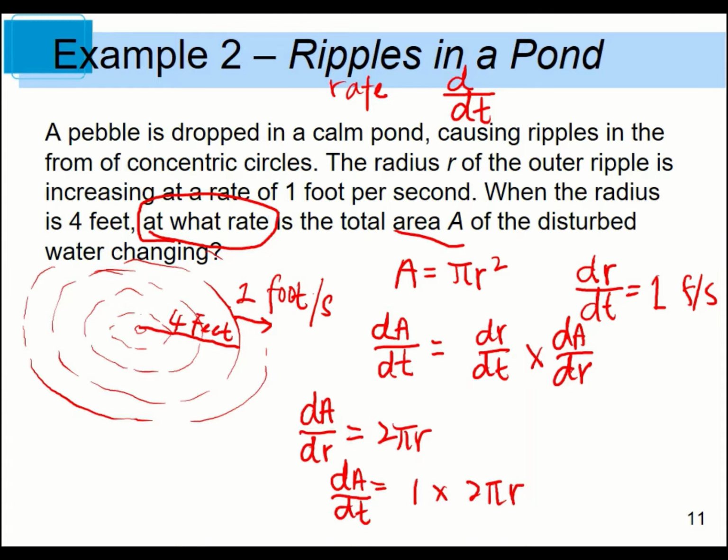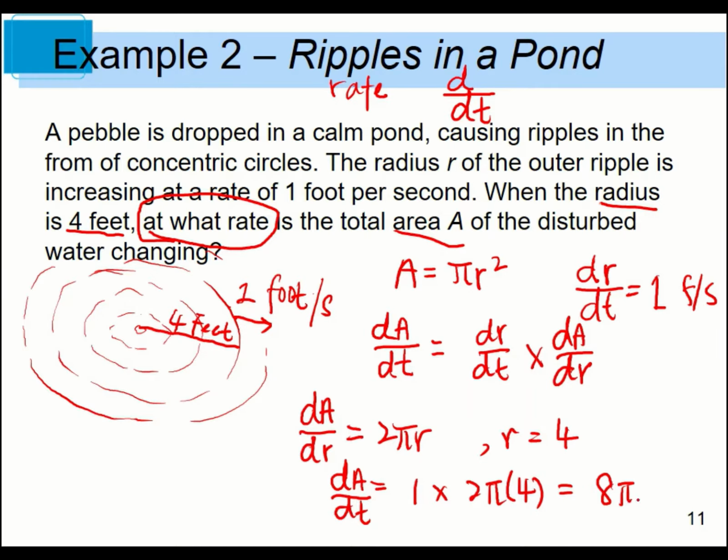According to the question, the radius is 4 feet, so we substitute r equals 4, and therefore we have 8 pi.